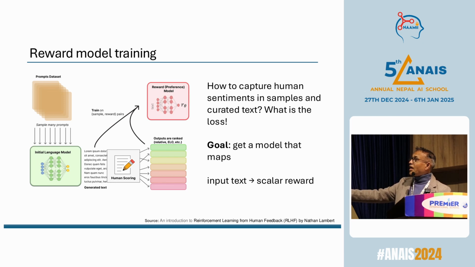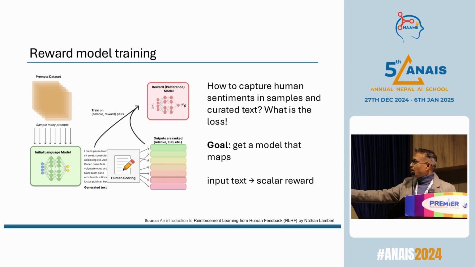This reward model is another entity, where, with all these ratings and rankings, the reward model is well trained. So this reward model is basically the heart of this RL system.